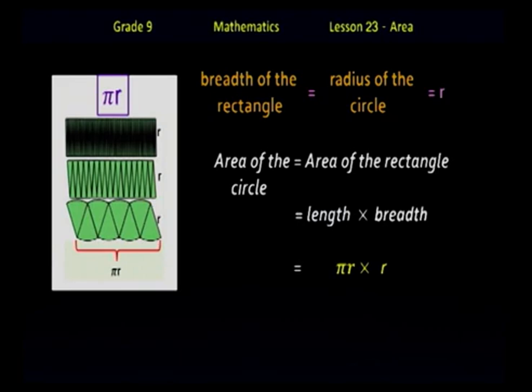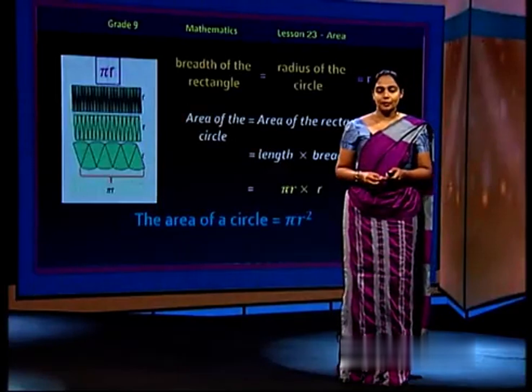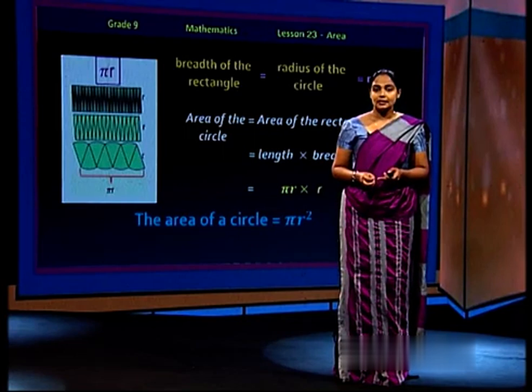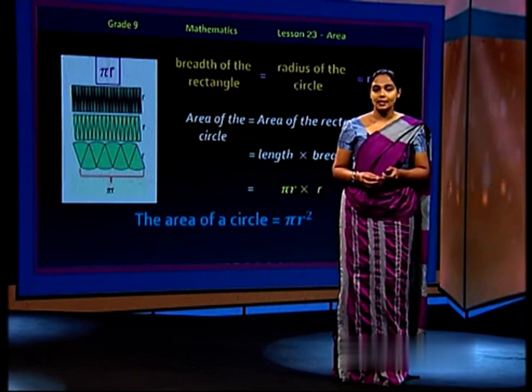We found length is pi r, breadth is r. Then the area of the circle is pi r squared. It is very easy to keep in your mind. To find the area of the circle, you can use the formula A equals pi r squared.